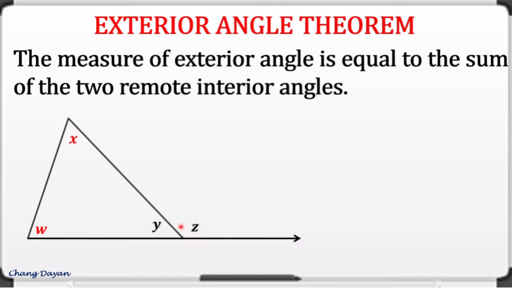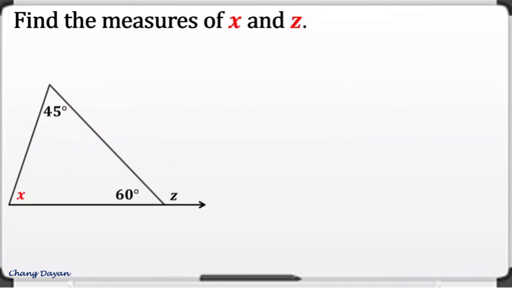For example, our exterior angle here is Z. When we say remote interior angles, these are the opposite angles. The opposite angles of angle Z are X and Y. So, meaning, the measure of angle Z is equal to the sum of the measures of angle X and angle Y. So, we just add the two measures of the remote interior angles.